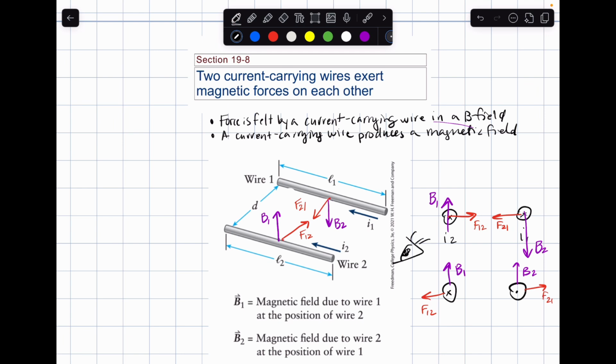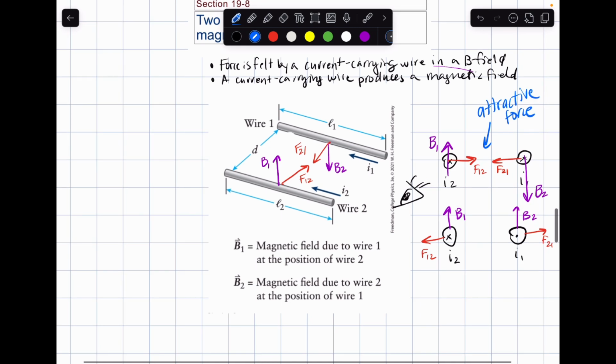I'll let you do that as practice to verify those vectors. But you can just copy this verbatim in your formula sheet or whatever. This is the way it is for oppositely pointing currents, okay? You get a repulsive force. So this is an attractive force, and this is a repulsive force.